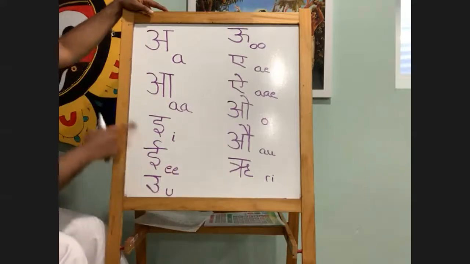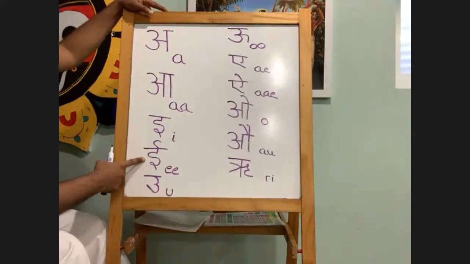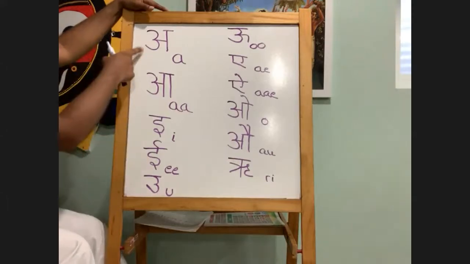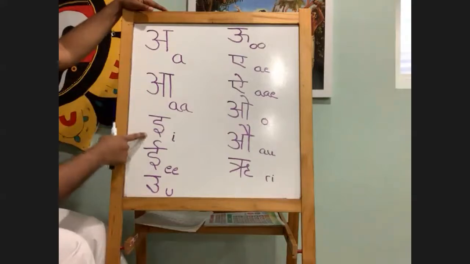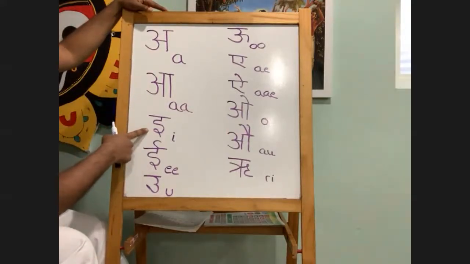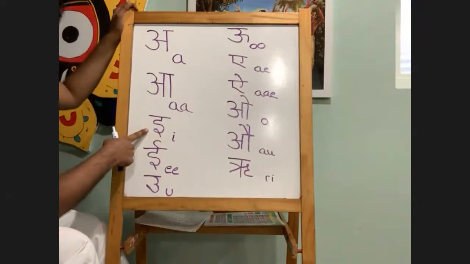There e is not written as this letter e. It is written by its matra. Is that clear? If the starting letter of the word has this sound, then this exact letter is used. But if it is in the middle of the word, then it is represented as its matra.